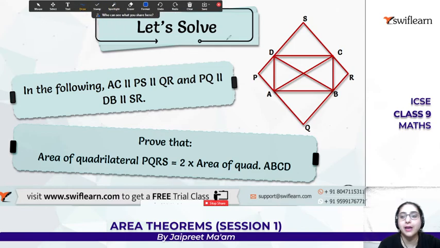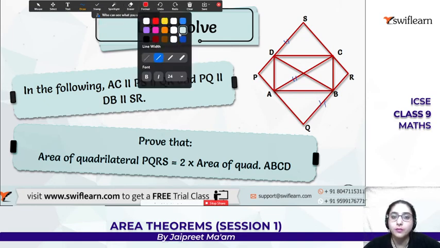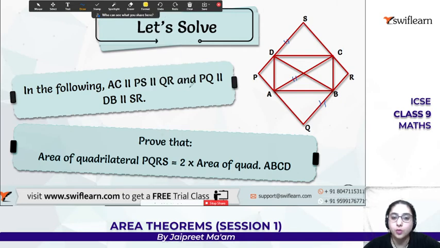These three are parallel to each other. Now let's see PQ. This PQ, this DB, and this SR are parallel to each other.